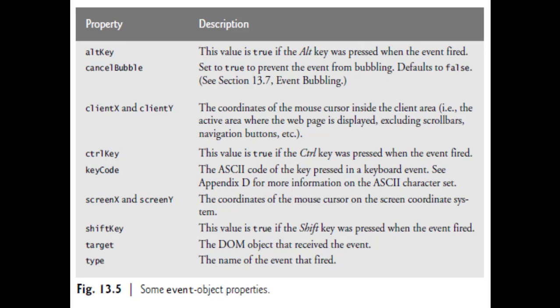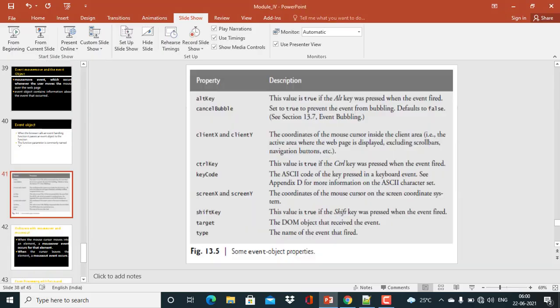The object which received that particular event. Then there is another property called type. From the type we can get the name of the event that fired. Hope it is clear. These are the properties which are present inside the event object. Hope it is clear. Now we will be looking into the code.